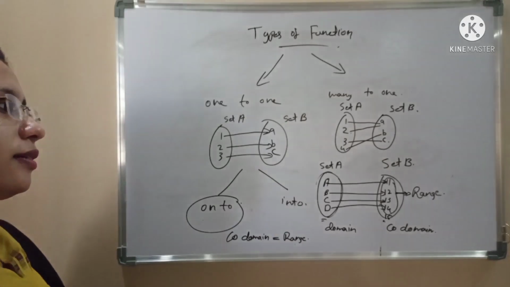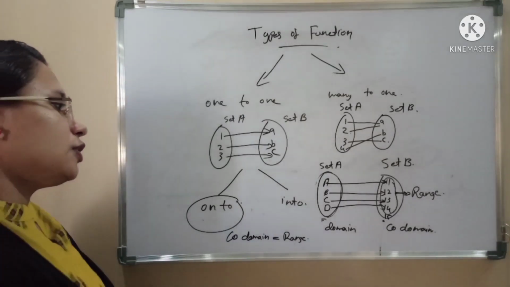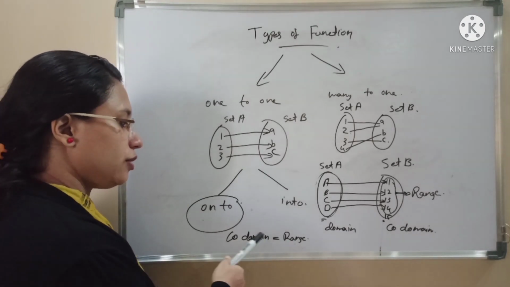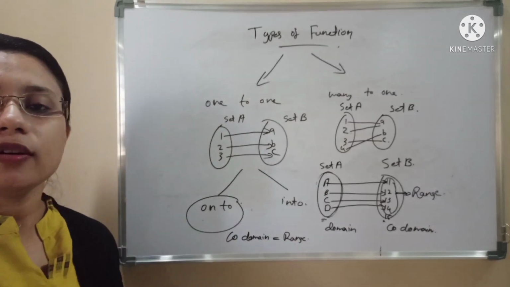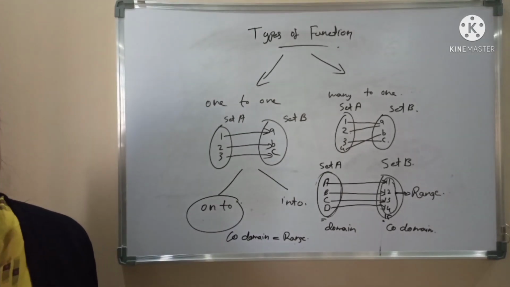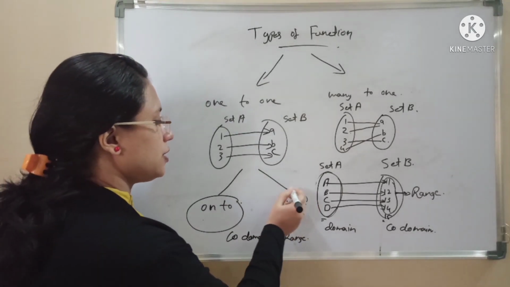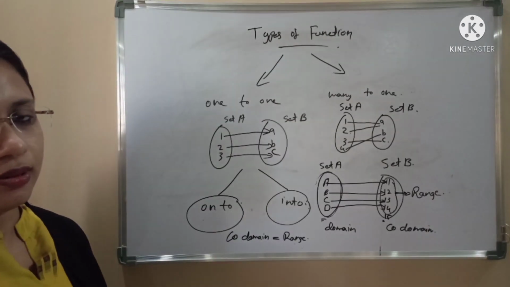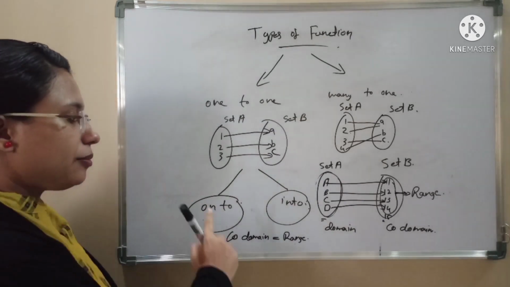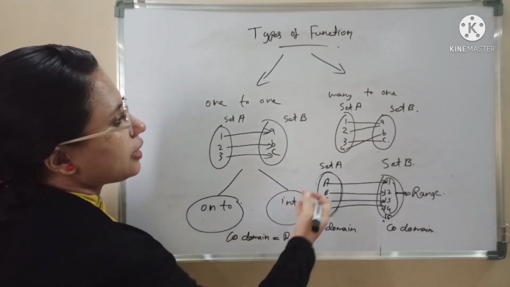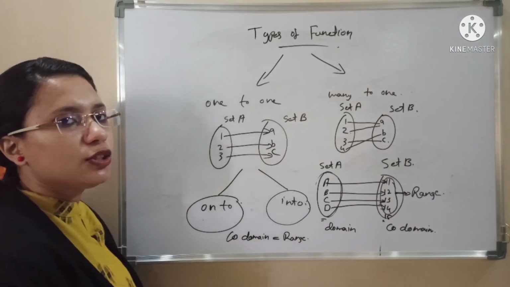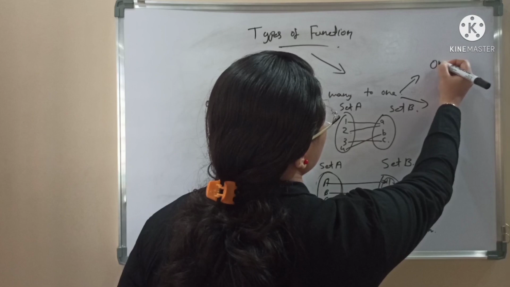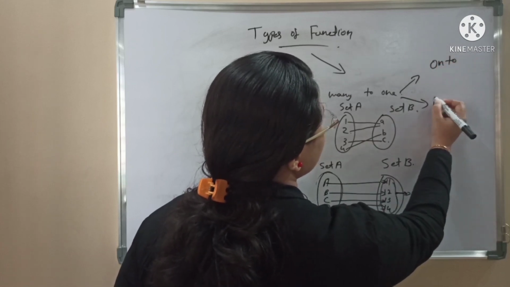So whenever the codomain value is more than the range value, it is an into function. So the categorization is onto and into.